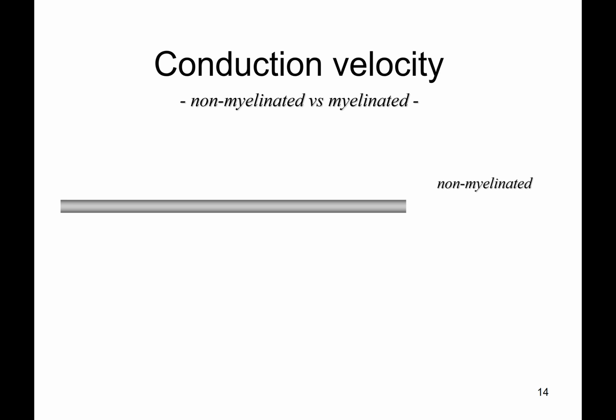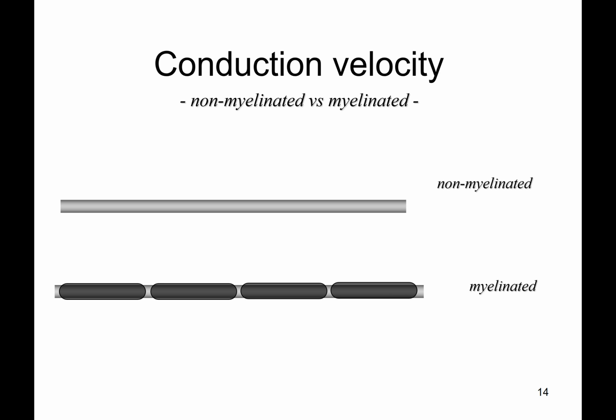Let me show you this. We have two axons here. One is myelinated and one is not. The non-myelinated axon, clearly, it takes too long for the action potential to go from one side to the next.